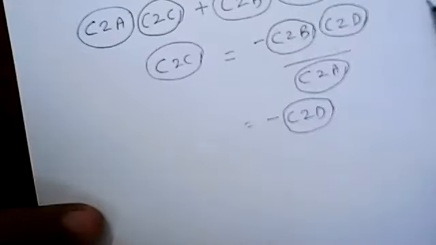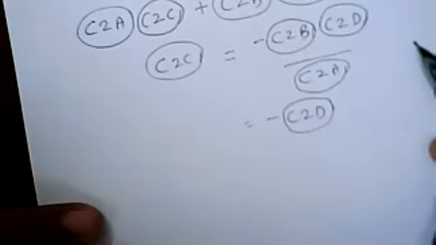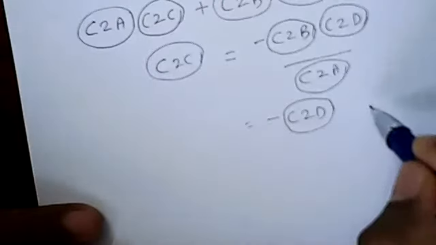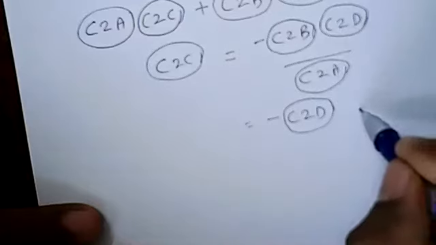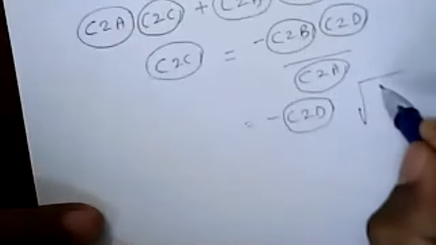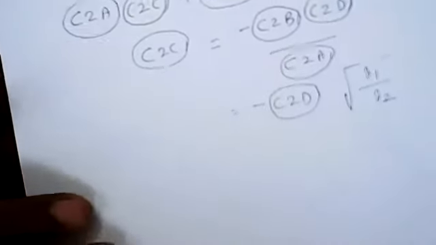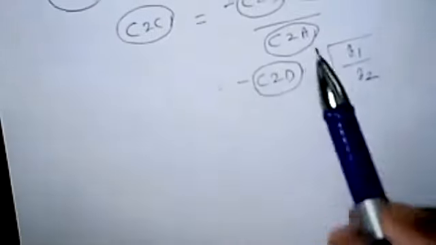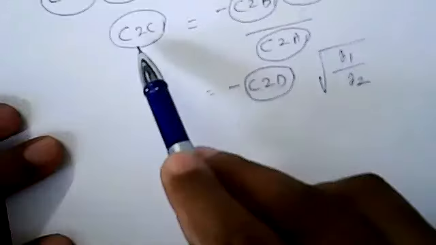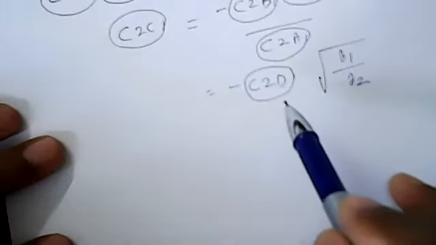C2B is root of J1 by J1 plus J2. So this will be root of J1 by J2. So this shows that C2C and C2D are opposite in sign.